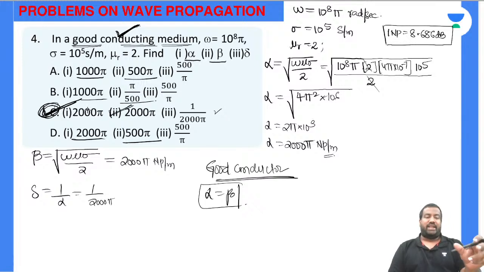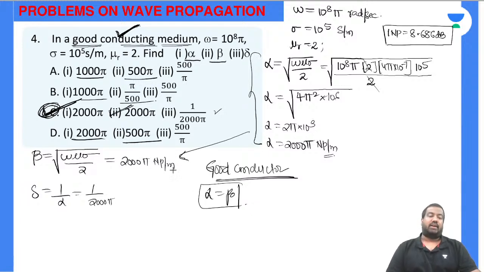Here the options are weak actually. You need to capitalize on this kind of thing using concepts. That's why practice is very important. For competitive exams, practice and presence of mind are very, very important. Even though you know the logic that alpha is equal to beta, you used it only after solving the complete value of alpha. But if you see the options carefully, you can use it initially without any calculation.